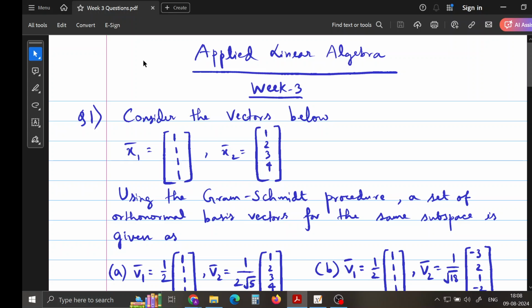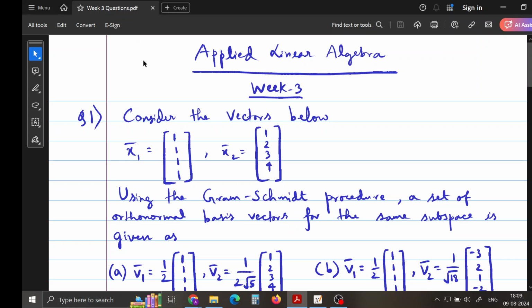You are given two vectors, x1 and x2, and you are asked to come up with a set of orthonormal basis vectors for the same subspace using the Gram-Schmidt procedure, GSOP, the Gram-Schmidt orthogonalization procedure.